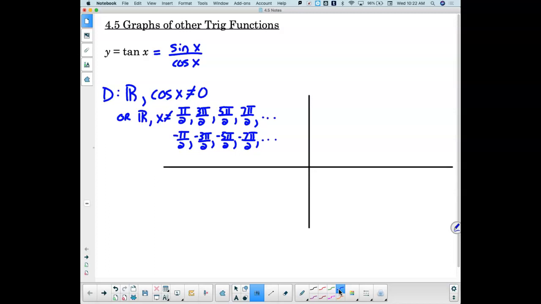On a graph, when you're dividing by 0, what gets put there? Because we can't divide by 0. So how do we write undefined on a graph? A hole?